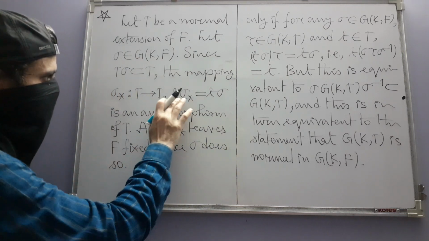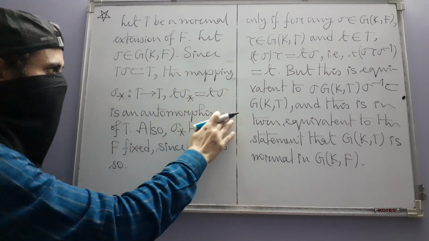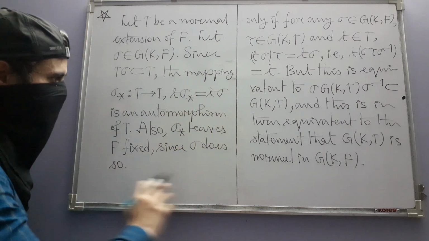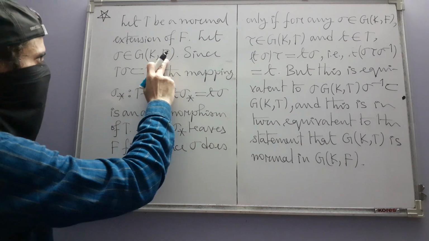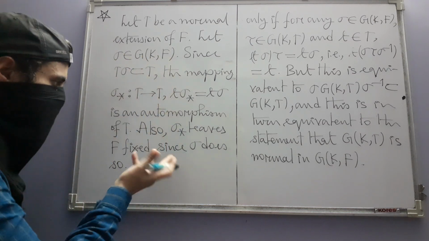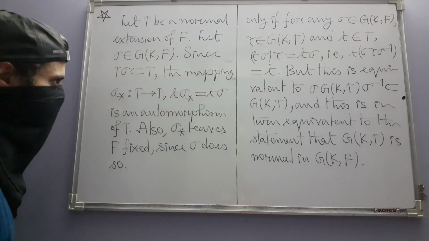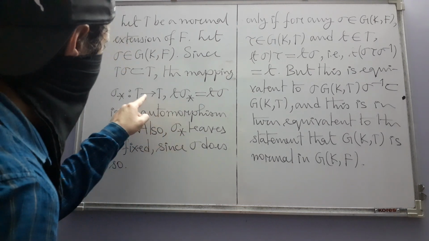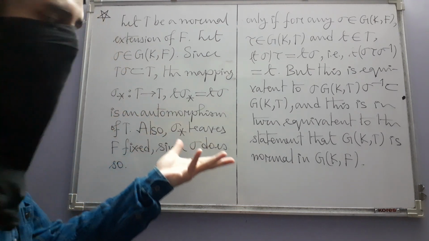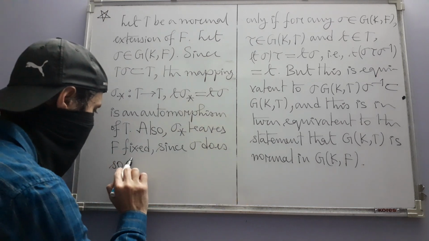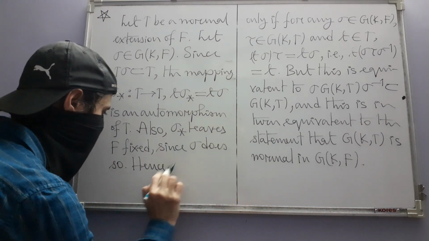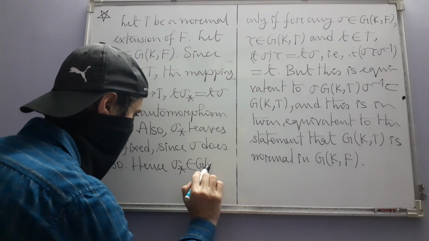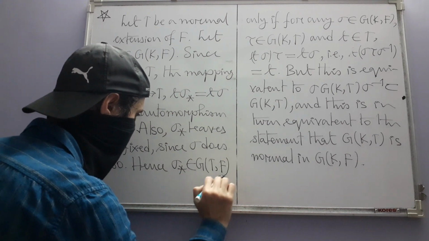That is because sigma star is nothing but, rule-wise, after all it's just sigma, and sigma fixes every element of F because it's coming from the Galois group. So sigma star also fixes every element of F. In other words, sigma star is an automorphism of T which fixes all the elements of F. Hence, sigma star belongs to the group G(T, F).